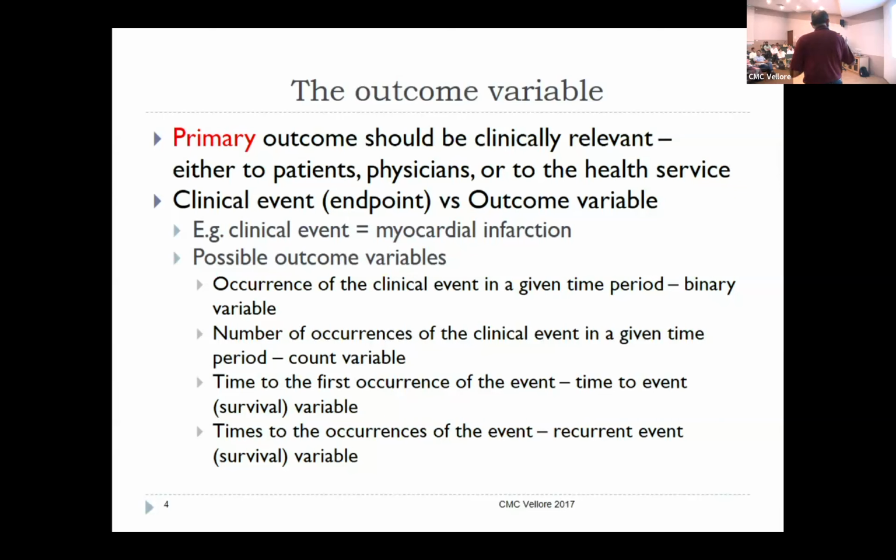So you could count the number of occurrences in a given time period of your same clinical event. Now you can have a count here. You have 0, 1, 2, 3. And some people will have 0, some people will have 1, some people have 2. Maybe somebody will have 20 episodes of diarrhea, for example, in that period. But that's a different outcome variable on the same event.